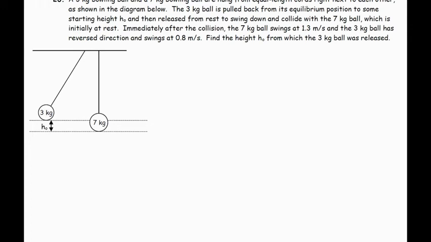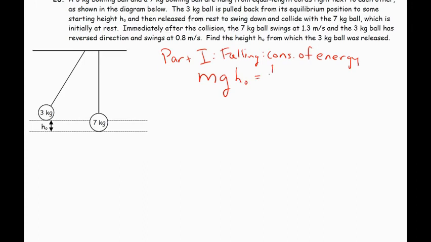Okay, so let's look at that. This is a 2-part problem. Part 1, it's falling. And so you're dealing with conservation of energy. Okay, you have mg h initial is equal to 1/2 mv squared.